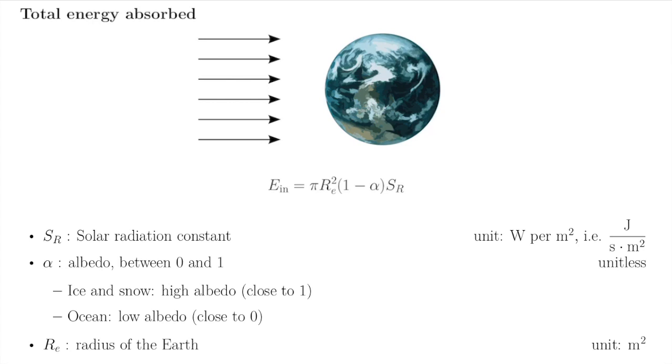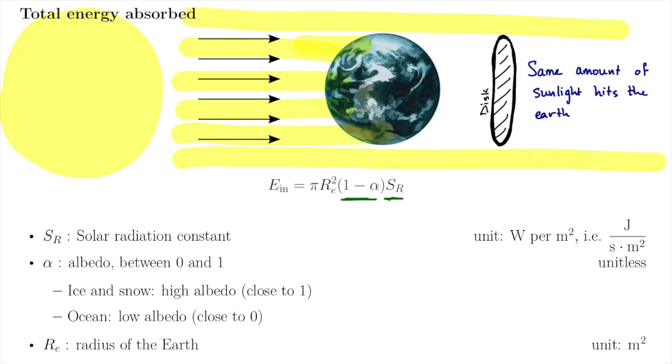From your perspective, the Earth looks like a disk. So the light coming in from the sun, here not drawn to scale, is going to treat the Earth like a 2-dimensional object, not a 3-dimensional object. So we see this pi r_e squared, that would be the area of a disk whose radius is the same as the radius of the Earth.